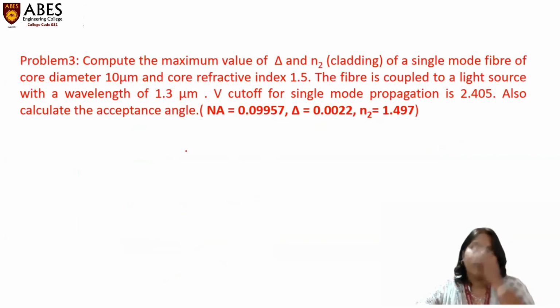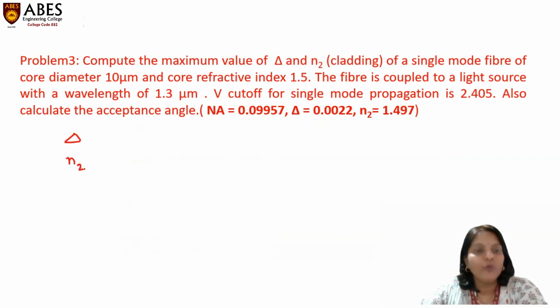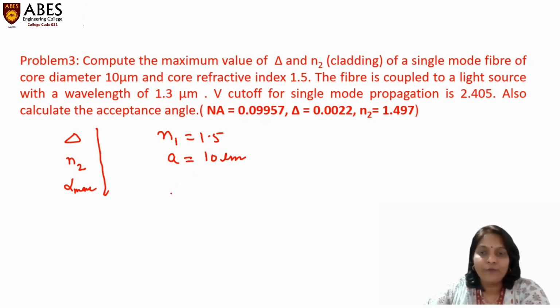Now the third question. Compute the maximum value of delta and N2 and calculate the acceptance angle. The core refractive index is given, and the diameter is 10, so a, the radius, is 5 micrometer. So what is the V number? The fiber is coupled to a light source with a wavelength of 1.3 micrometer. V cutoff for single mode propagation is 2.405.